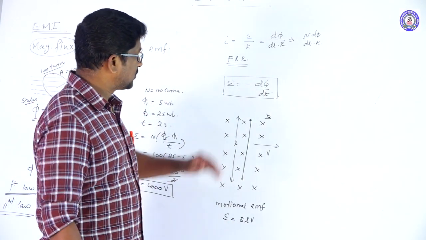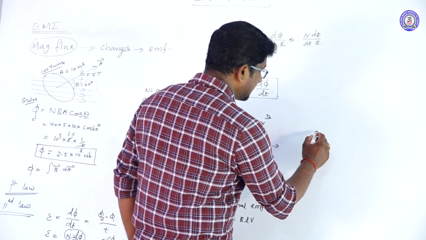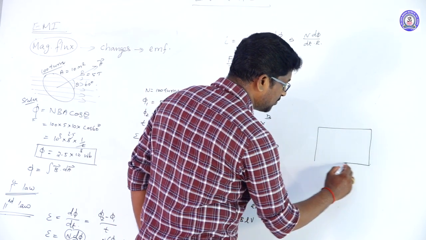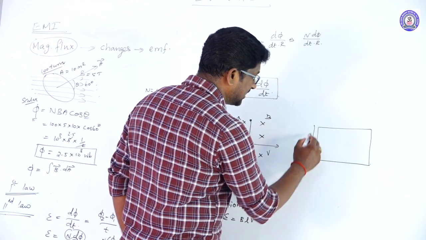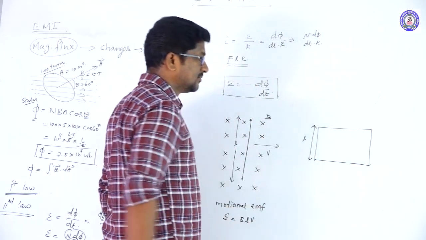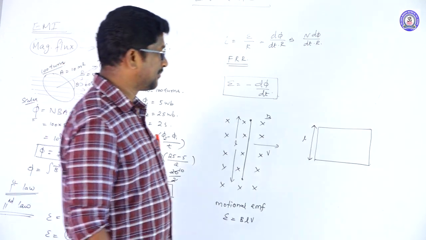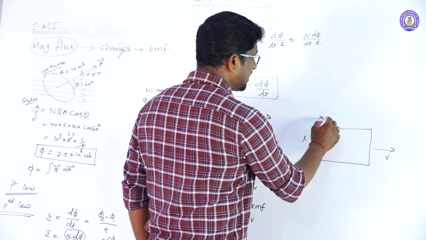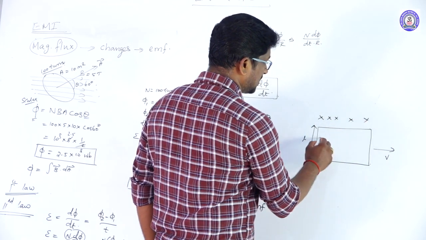Right. Suppose there is a rectangular coil or a rectangular loop. Suppose its width is L. The width of the rectangular loop is L, and it is moving with a velocity v in the same uniform magnetic field of induction.